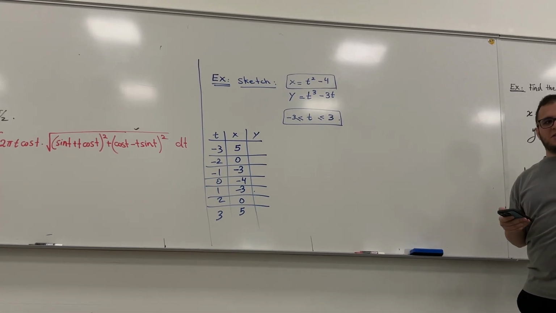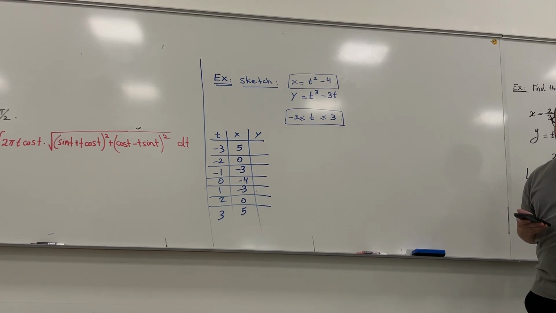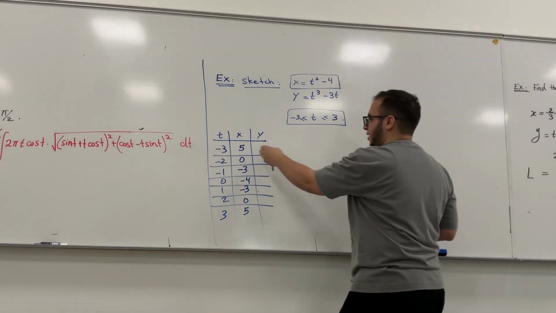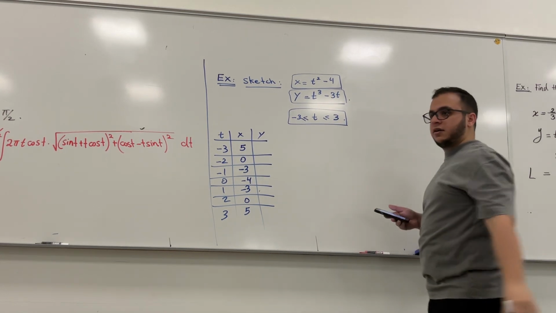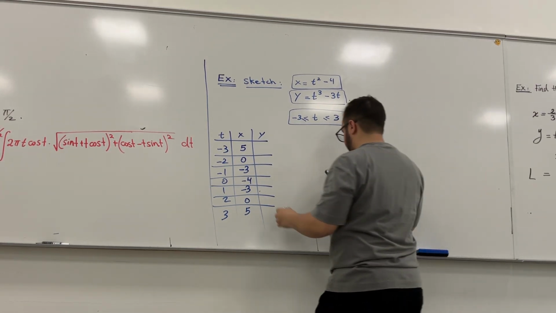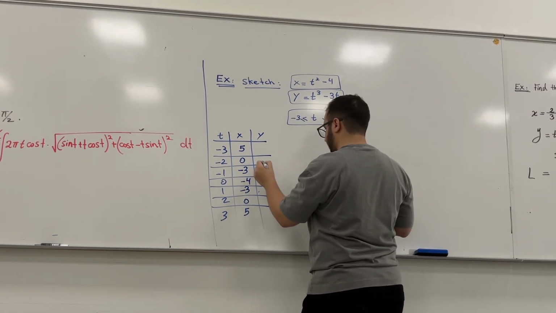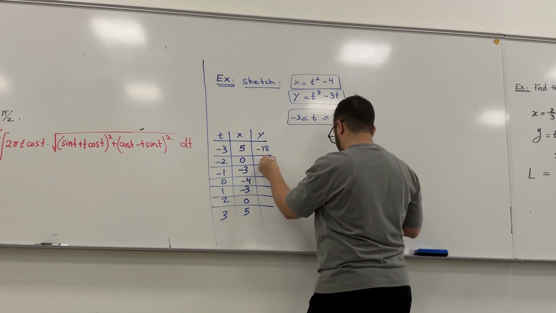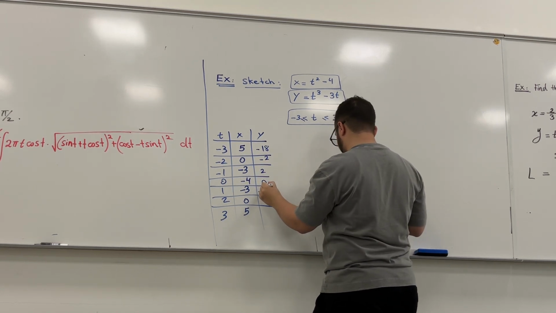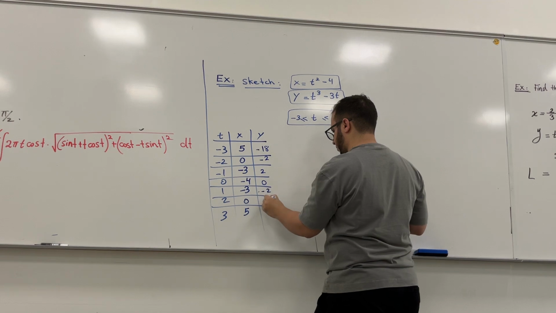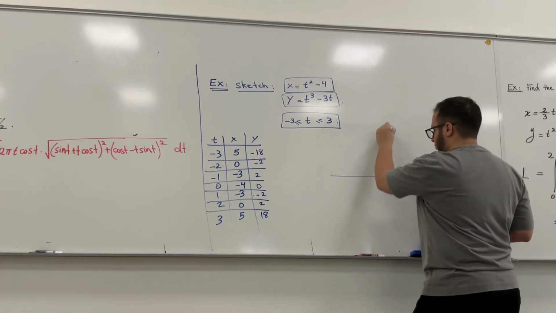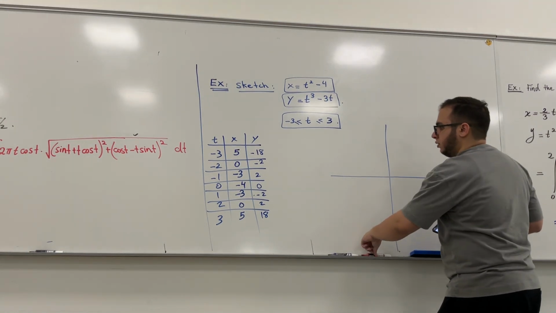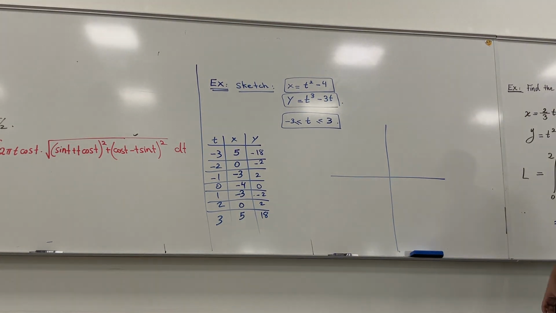I don't think plugging in is difficult to understand. And then here, the same thing: you plug these values into y. So what do I get? I have -18, -2, 2, 0, 2, 2, 8. Now you plug them one by one.